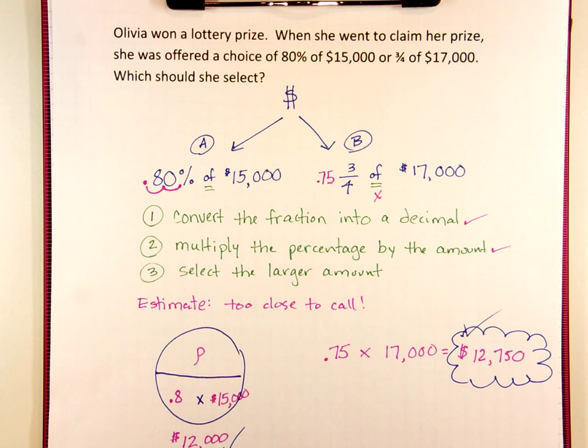So we need to pick an amount. It should be the highest amount, 12,750. Was that close to our estimate? Well, if you recall, we said the estimate was too close to call. And look how close these numbers here are, 12,000 and 12,750. We can be fairly assured that this answer is close to our estimate and is correct.